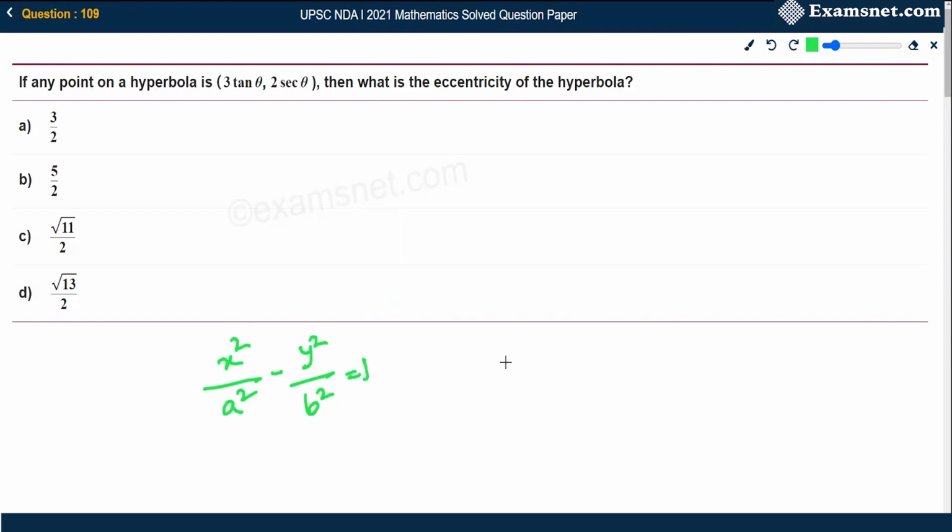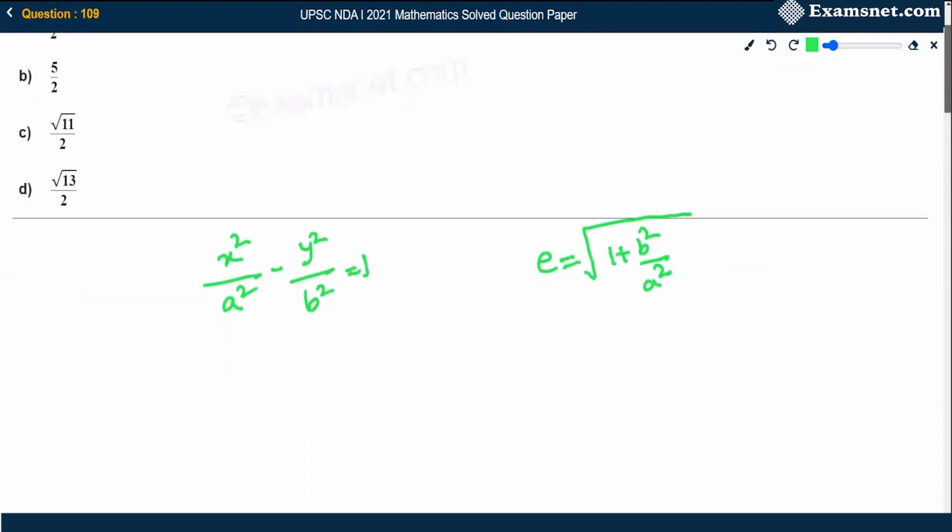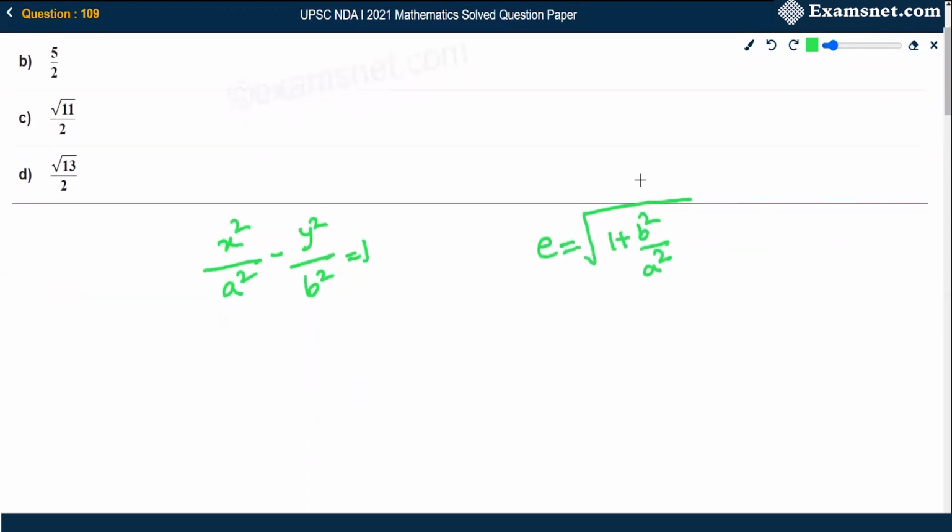And the formula for finding eccentricity is e equals root under 1 plus b square by a square, right? So here it is given that this point (3 tan theta, 2 sec theta) lies on this hyperbola. That means this point will satisfy the equation of the hyperbola.